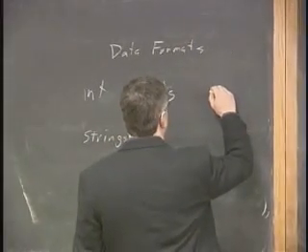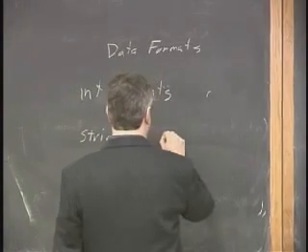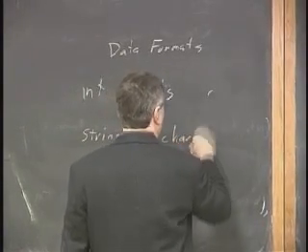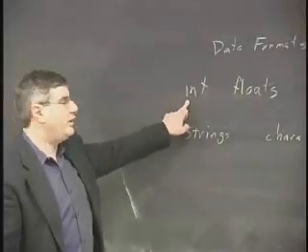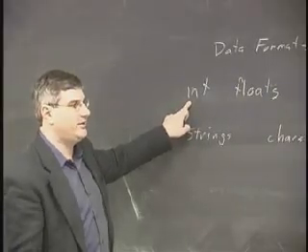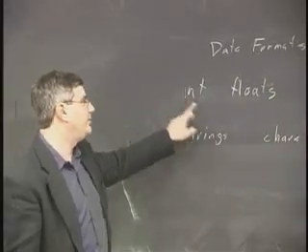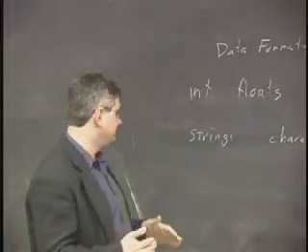What else do we have that's interesting? Strings, chars. Ints, we said, were basically 4-byte quantities in Java, internally represented. Floats were 4-byte quantities, doubles were 8-byte quantities.